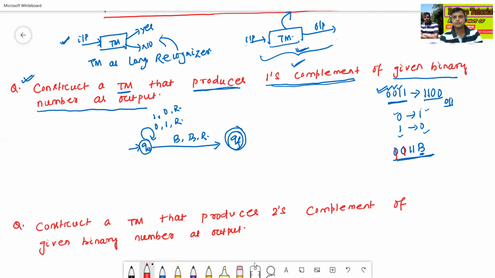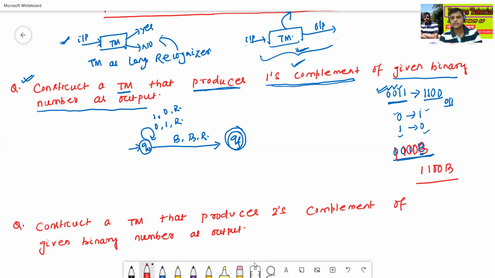Q0 reads 1, writes 0 and moves towards right. And when Q0 reads the blank symbol, it goes to the final state, skipping or writing the blank symbol. So the final output is 1 1 0 0.